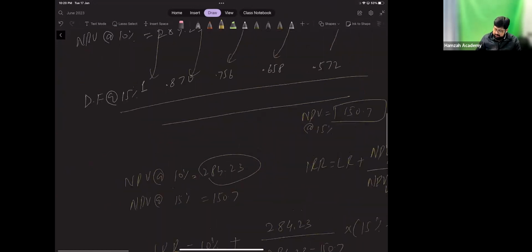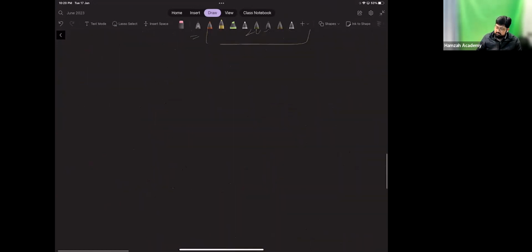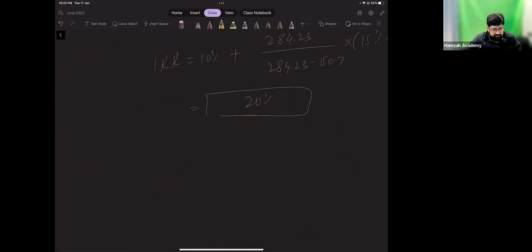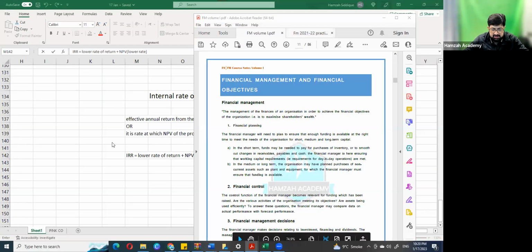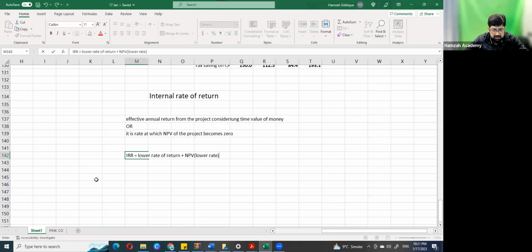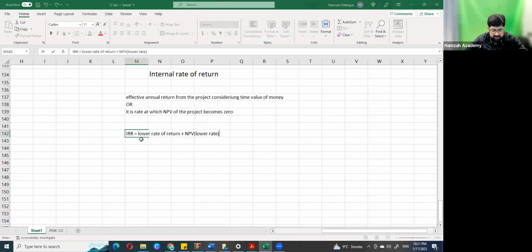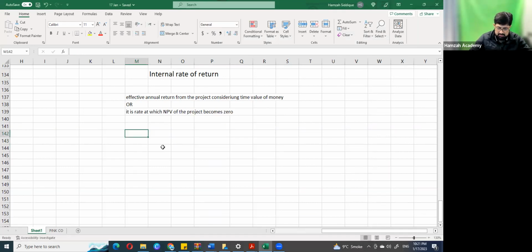Students, how is IRR calculated in the exam, in Section C? Sections A and B we have learned. It is very easy to calculate in Section C. Just see here.